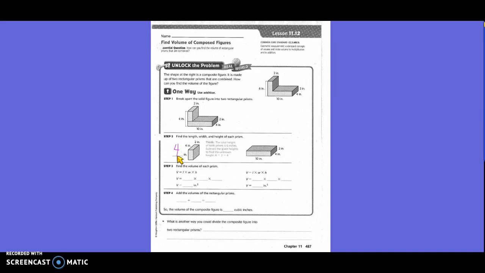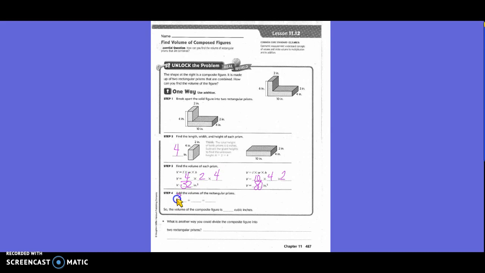So then we find the length times width times height of each one. So for the first one, we would do 4 times 2 times 4, which is 32. The next one we would do 10 times 4 times 2, which is 80.